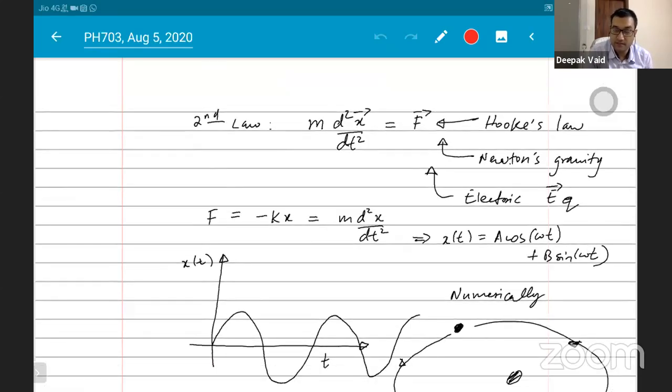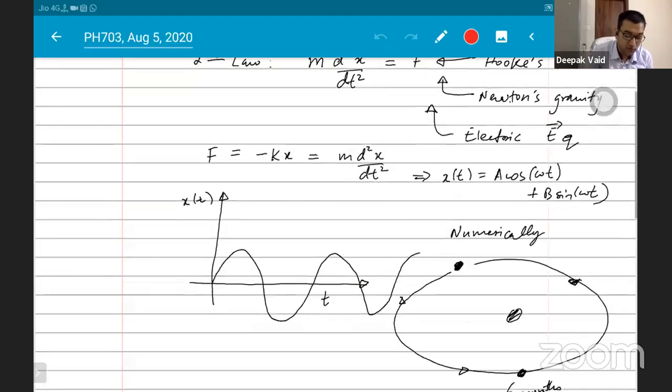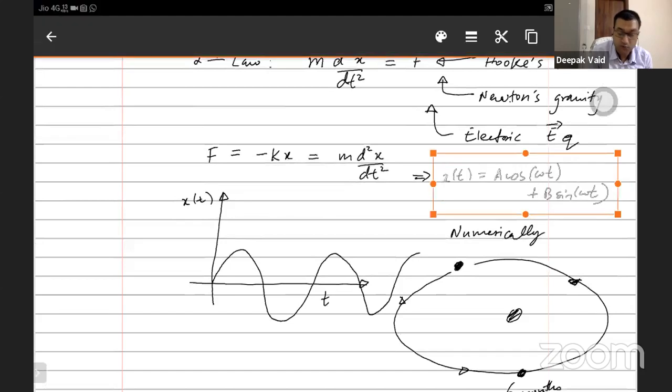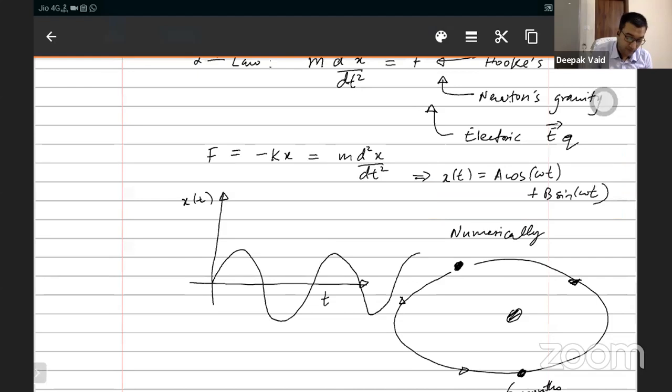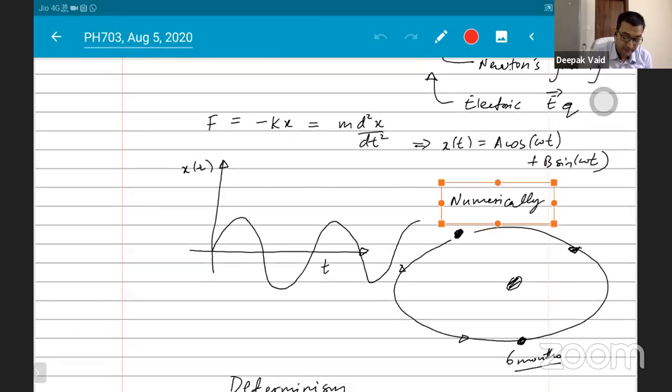differential equations. In differential equations, what we know is that if we have a differential equation, then one can solve it either in closed form. This is an example of a solution in closed form. That means analytically, you have the exact mathematical expression in terms of some functions. Or if you cannot solve it in closed form, then you can solve it numerically.